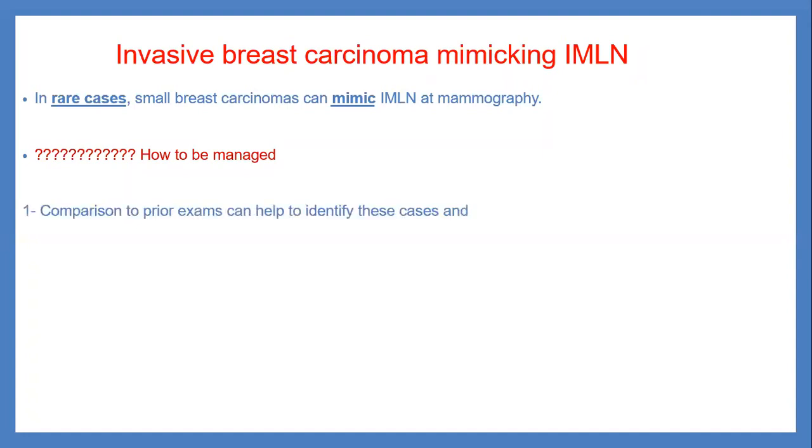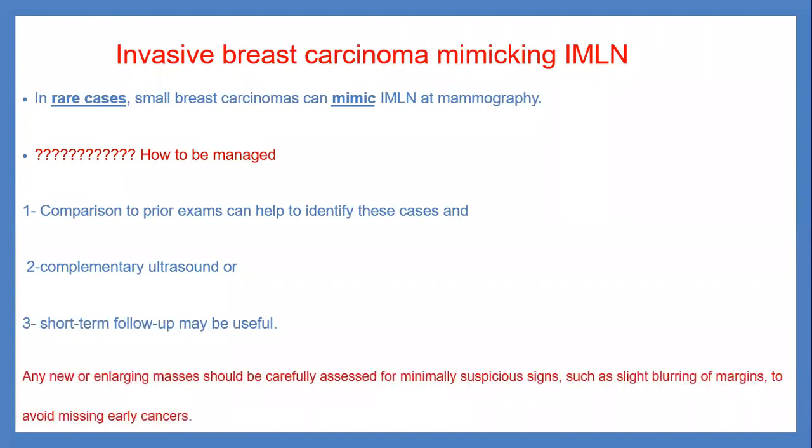Okay, so comparison to the previous exam helps to identify these types of cases, and complementary ultrasound or short-term follow-up, as we described. Any new or enlarging masses should be carefully assessed for minimally suspicious signs, such as slight blurring of margins, to avoid missing early cancer. Okay.